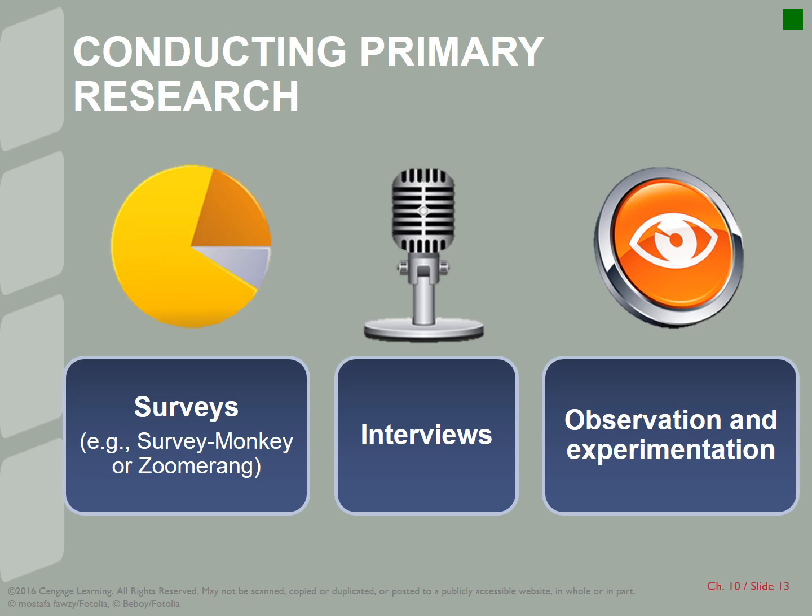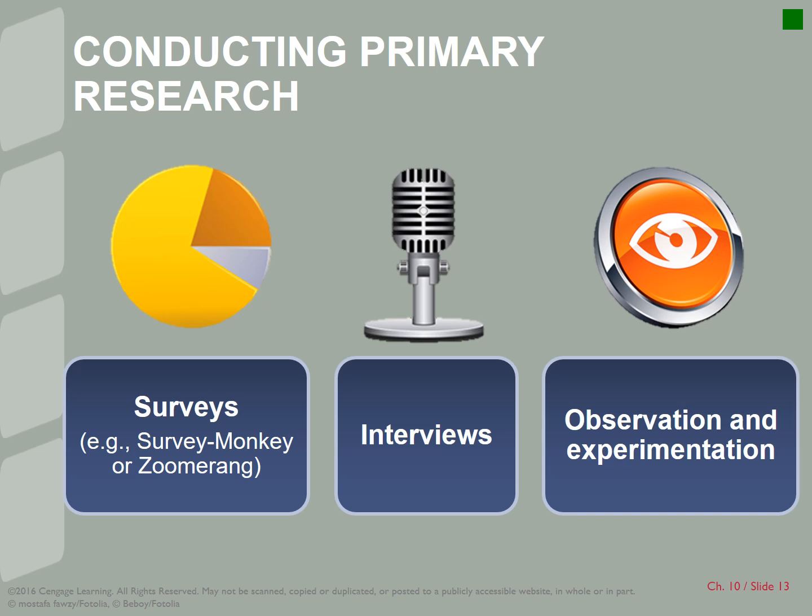Now, the difference between secondary resources, which is what we just went through, and conducting primary research is that primary sources are provided by you, conducted by you. So you are the one going out and finding the data and analyzing it. So if you created a survey, for example, using SurveyMonkey, you're the one creating the questions, collecting the data, and analyzing the data.